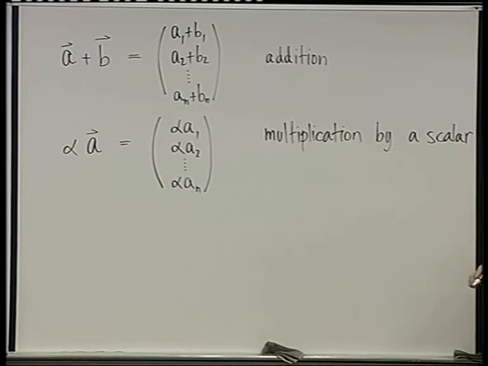I'm being careful about using the term scalar multiplication because further on, we're not going to discuss it now, there's a concept called a scalar product, where you multiply two vectors and you get a scalar, but that's irrelevant to what we're doing right now. So let's call it multiplication by a scalar. By the way, this word scalar just means a number. It just means an element from the field.